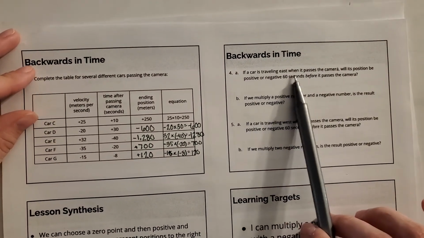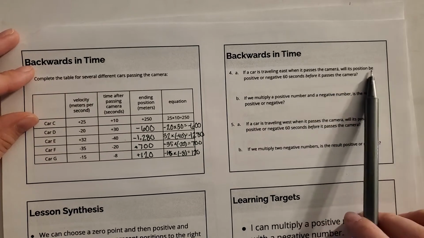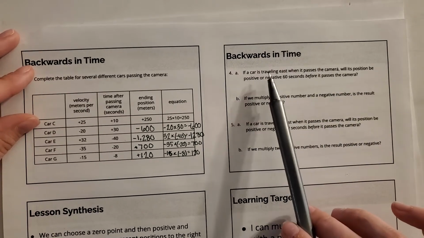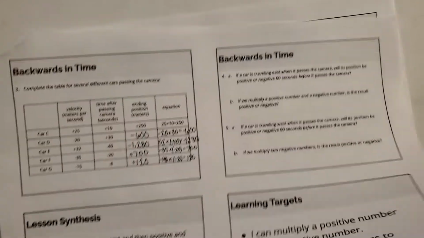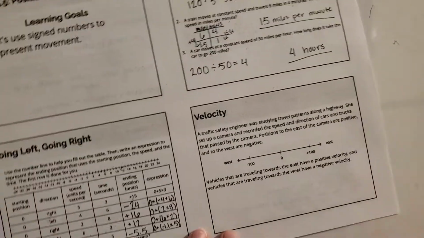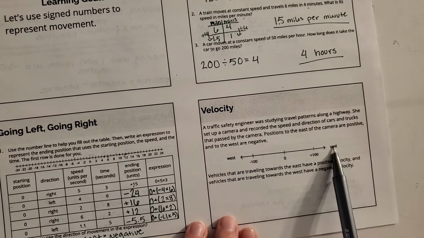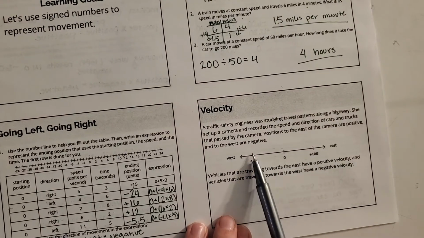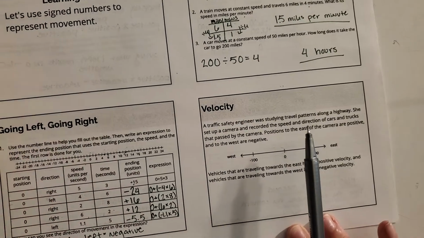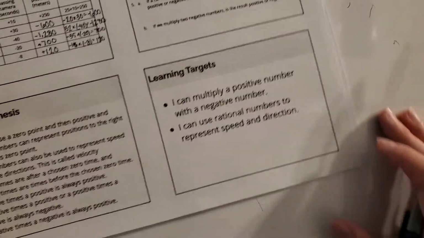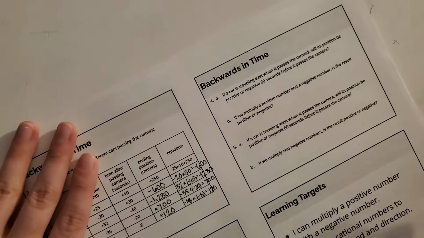So if a car is traveling east when it passes the camera, will it be positive or negative before it passes the camera? Well, we're moving east. Before it passes the camera, all of the numbers are negative. So this would be a negative 60 seconds.